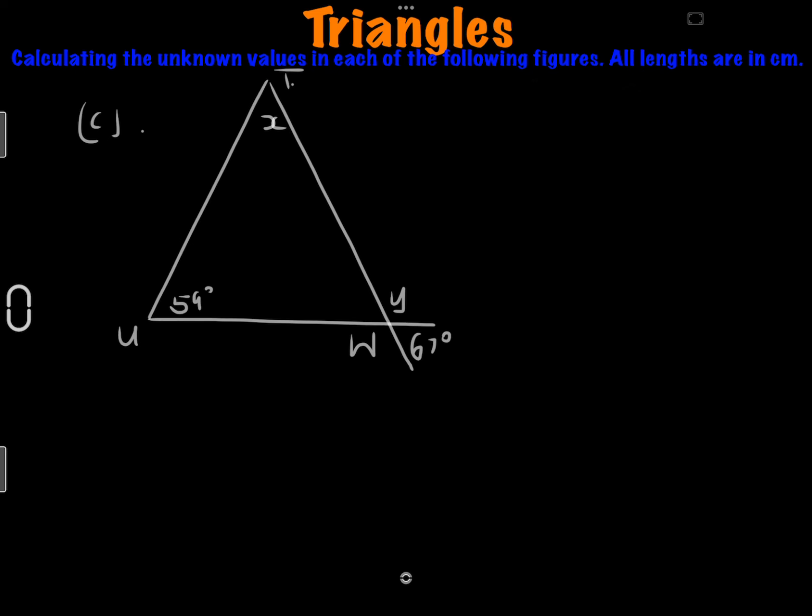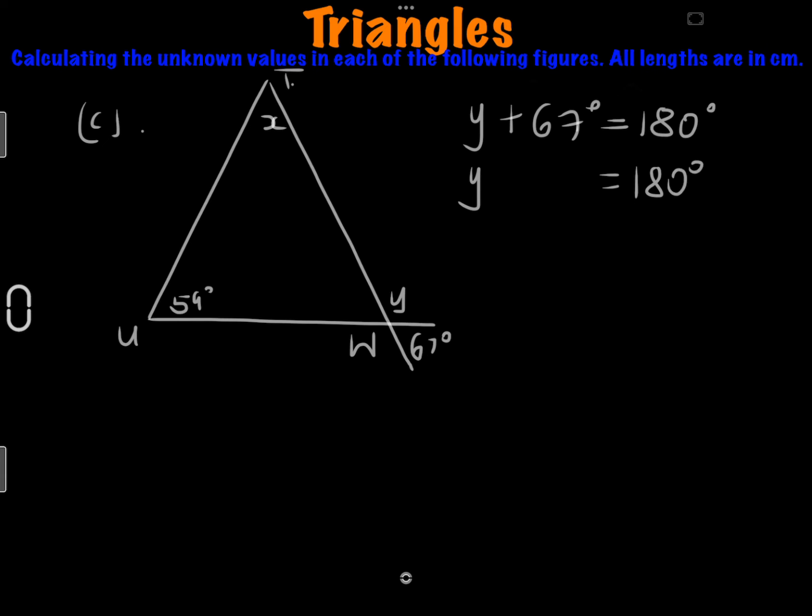Now, to find the unknown values, I suppose we start with Y first, because we have a straight angle. So we have Y plus 67 degrees is equal to 180 degrees. To calculate this, we use our algebra.